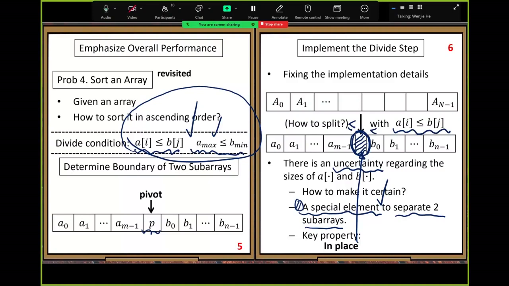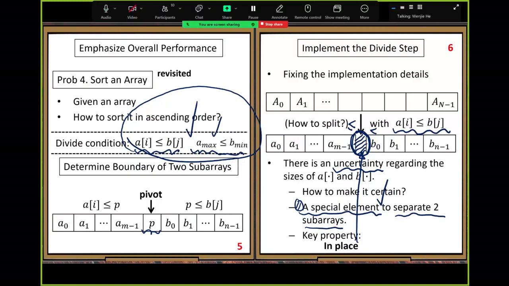it is in place first. Then after the swap operations, remember we are allowed to use swap operations, after so many swap operations, we want to make sure all the elements at the left-hand side of this pivot element have values less than or equal to P. Okay, the pivot element has a value.